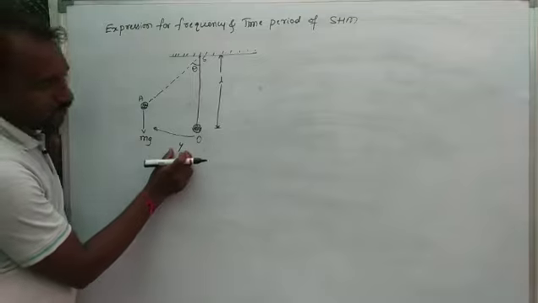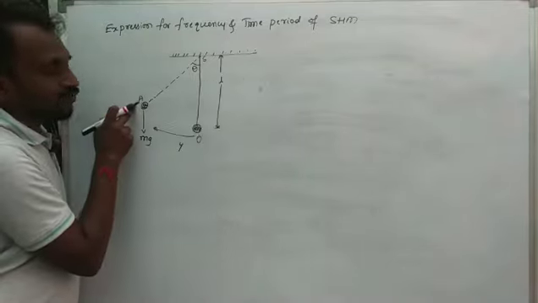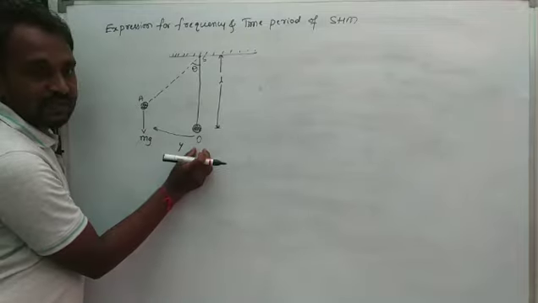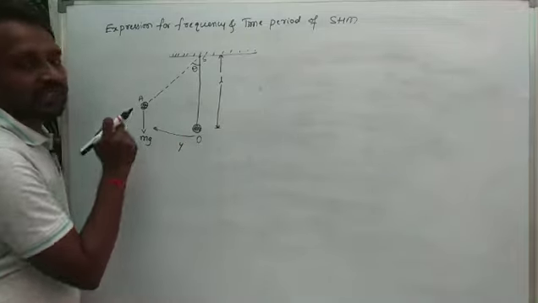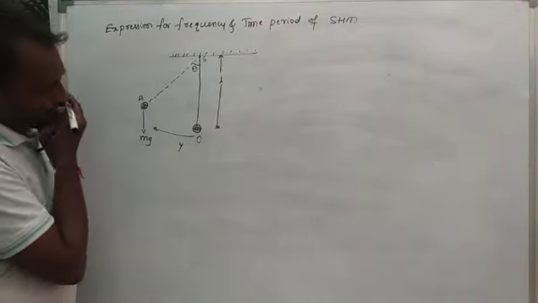Okay, y is the displacement of a simple pendulum, L is the length of the pendulum, and A we consider the extreme position, O is the mean position, and theta is the angle suspended by this simple pendulum.